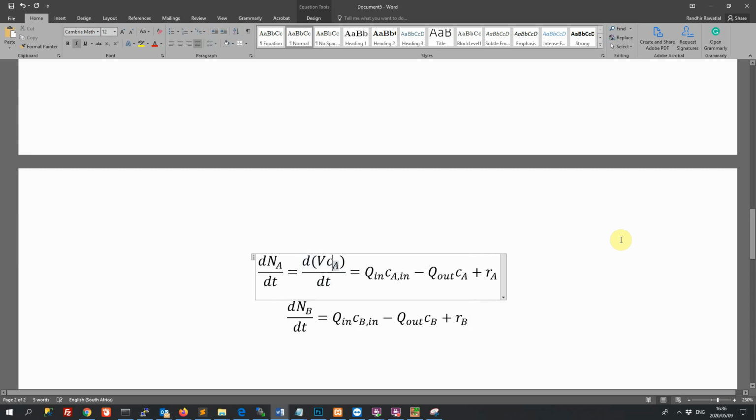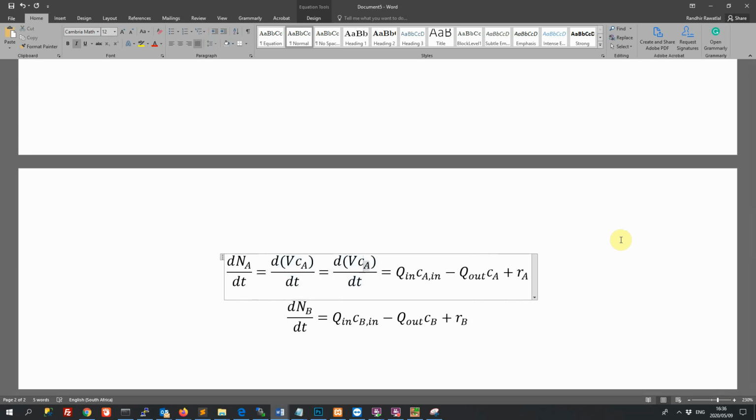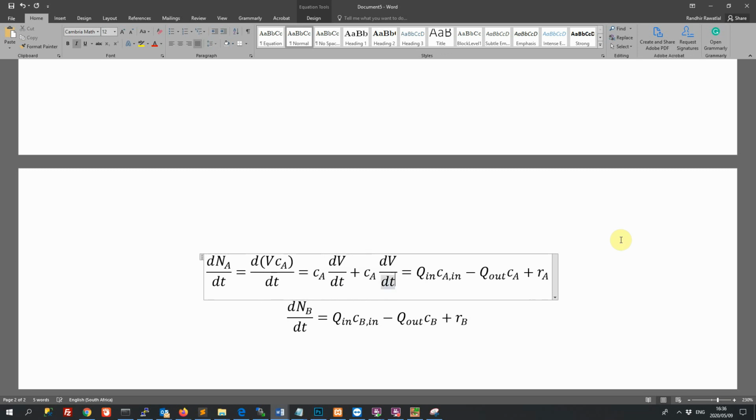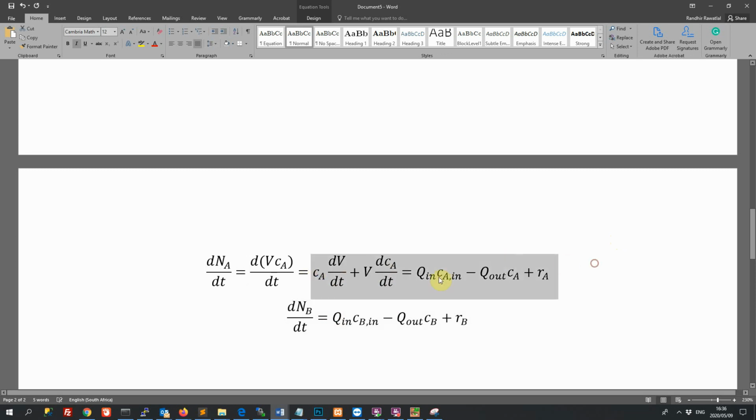And then if we expand this by the chain rule, by the product rule, then of course this would be C_A dV/dt plus V dC_A/dt. Right, so now it's in the form that we expect, right? Or rather, now it's in a form where our state variable is represented in this way.